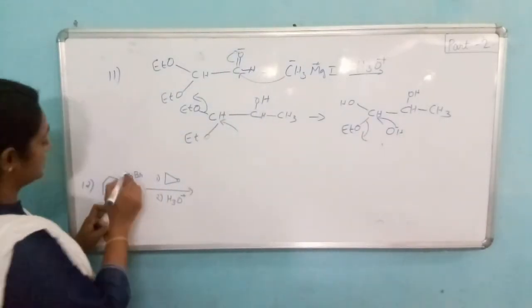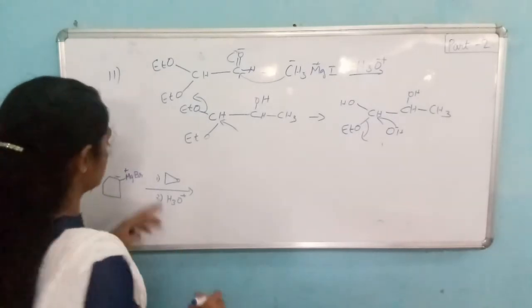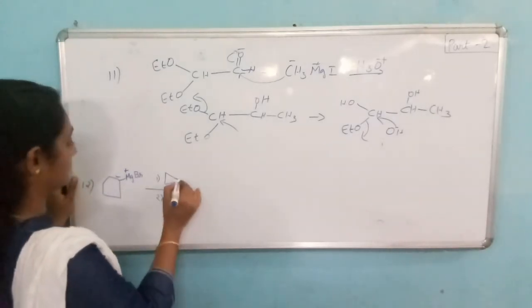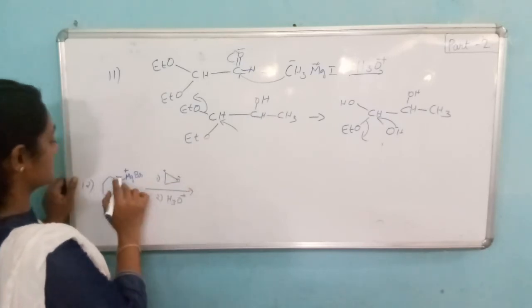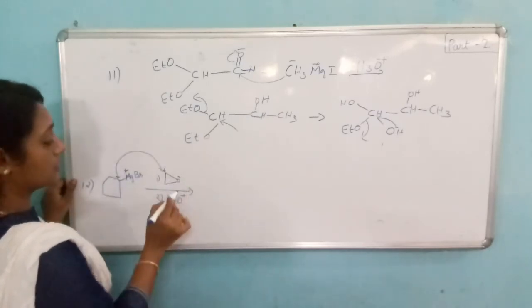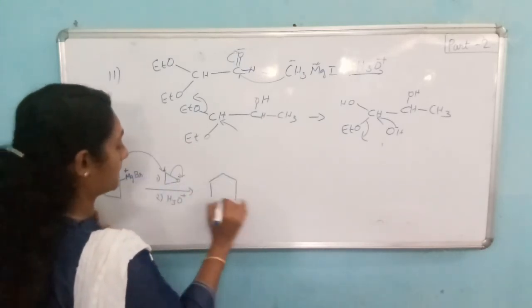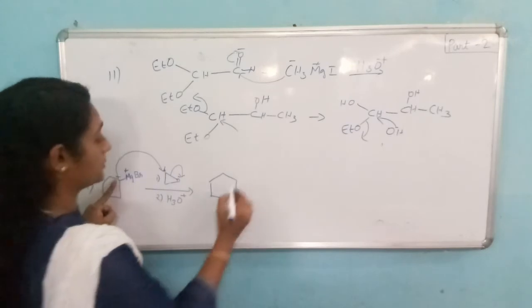This is the Grignard reagent, Mg plus minus. This is a cyclic ether. The minus attacks on this carbon, this bond shifts to oxygen, and we get cyclopentane.